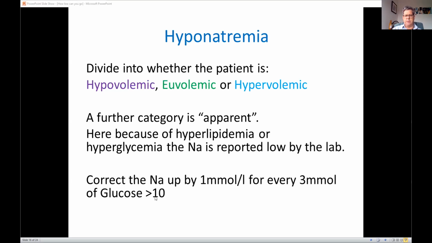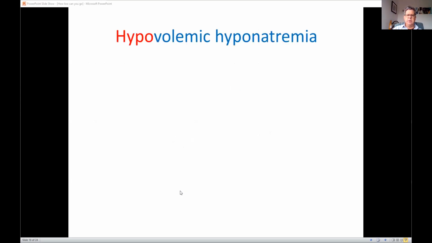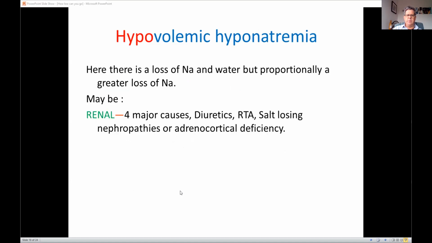Okay, let's go on to the more common classifications, the hypovolemic, euvolemic, and hypervolemic. So hypovolemic, obviously you've got a low volume, but you've lost more sodium than you have water. So that's why you've got low sodium and low volume. It may be caused by things in your kidneys or things extrarenal. This is the more common way of breaking it up.